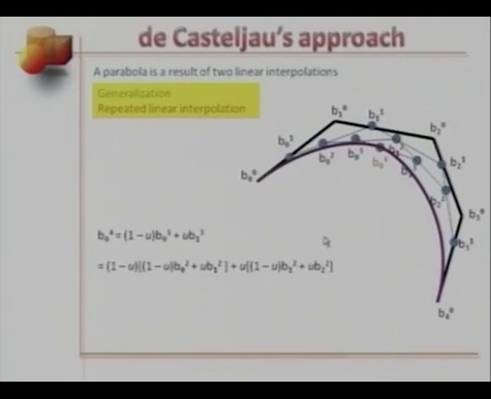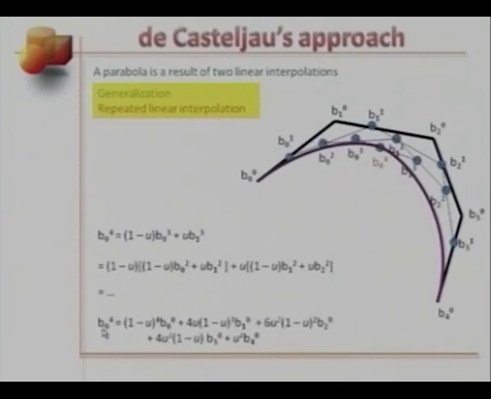All you will need to do is keep on substituting for these points here, which we call the intermediate de Casteljau points. If you keep on working, the final result will look like this.